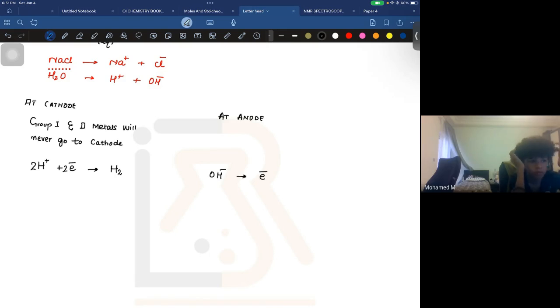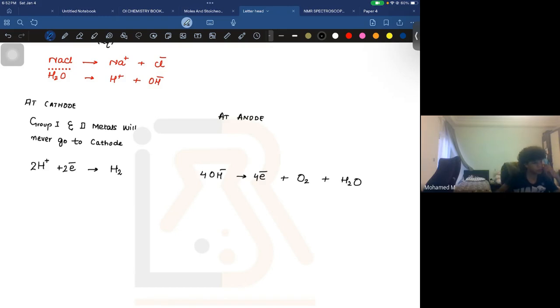Remember, it would form this. You're supposed to memorize this equation. Frequently you would see this equation, so it's a one-time investment to memorize this whenever you have OH minus going toward the anode. It would give you one electron. Then I'm going to balance it.